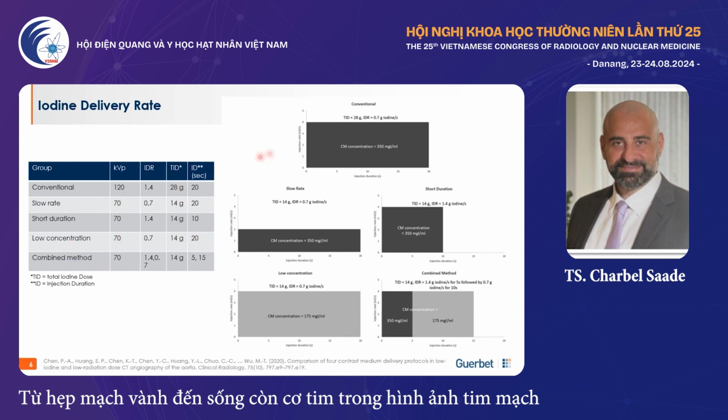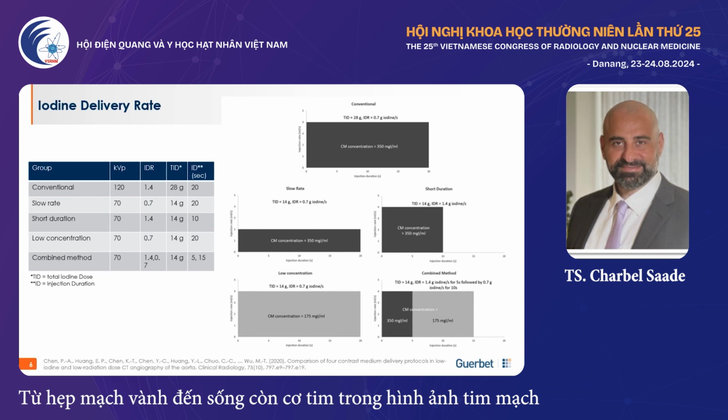Interestingly, it showed that the IDR was 0.7 for the conventional technique. The injection flow rate was 2 mL a second for slow rate, 4 mL a second for short duration, low concentration at 4 mL a second, and of course the combined method, where they looked at the IDR of 1.4 with a high flow rate at 4 mL a second. Now keep in mind, all of them used 350 density contrast.